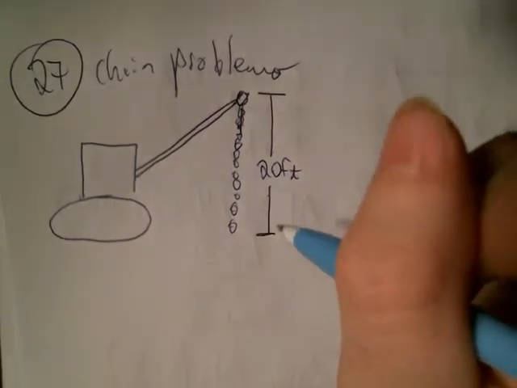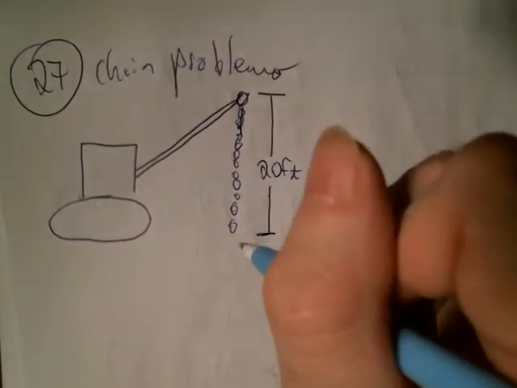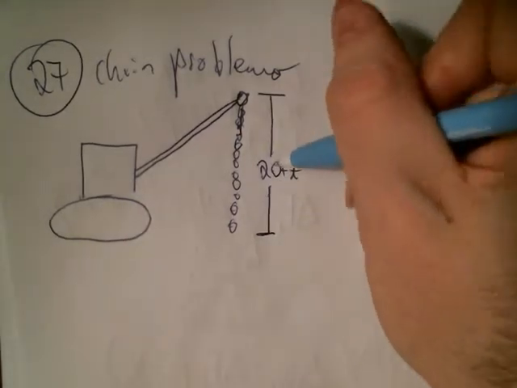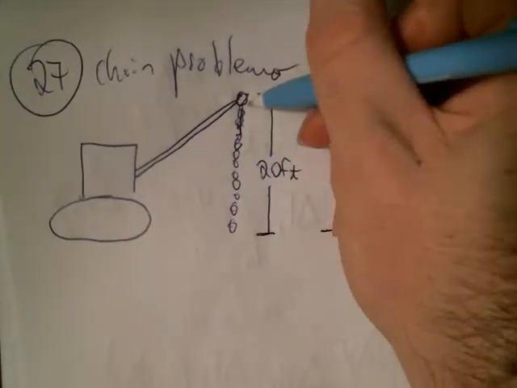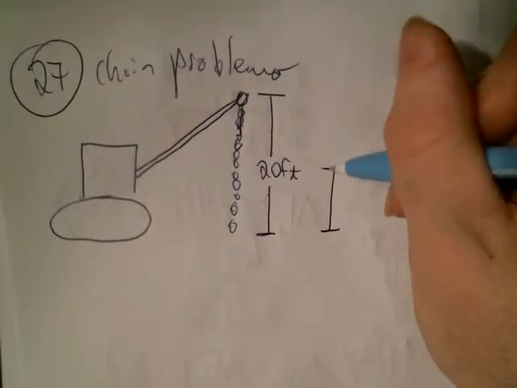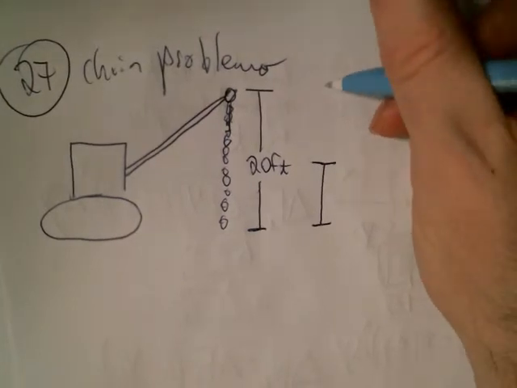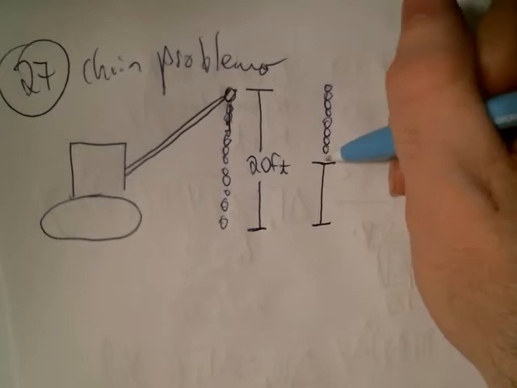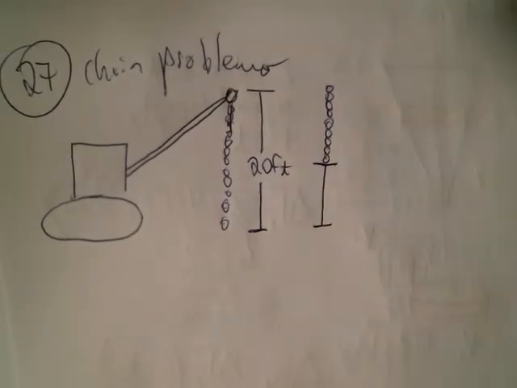And the deal is the operator is moving the chain to the 10 feet level. So this person wants to roll the chain up onto the winch until there's only 10 feet of chain left hanging. Okay, maybe they need to attach something to the chain. They need to figure out how much work is done in doing that.